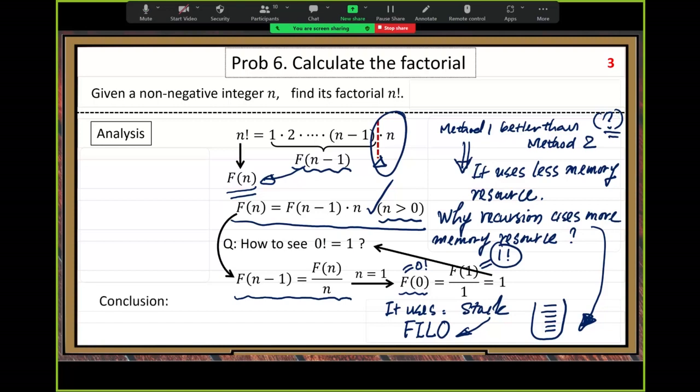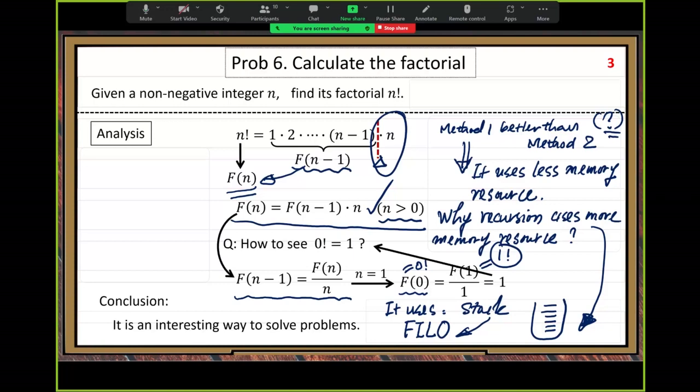So here, the conclusion. From this simple example, although it's not necessary to use the recursive algorithm to solve the factorial problem, actually the recursive way is a little worse than the iterative way.